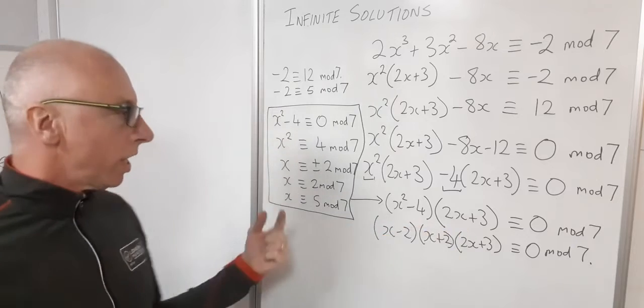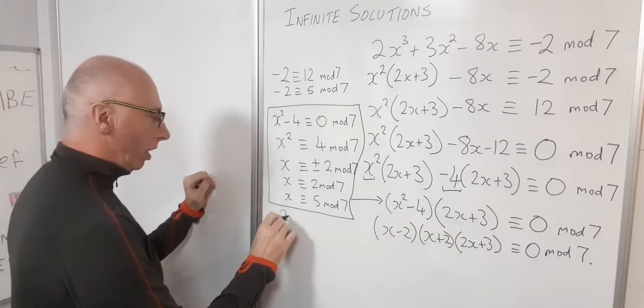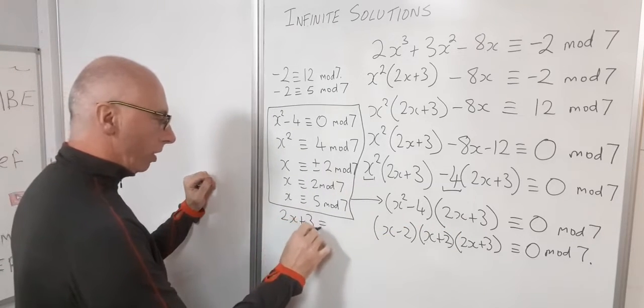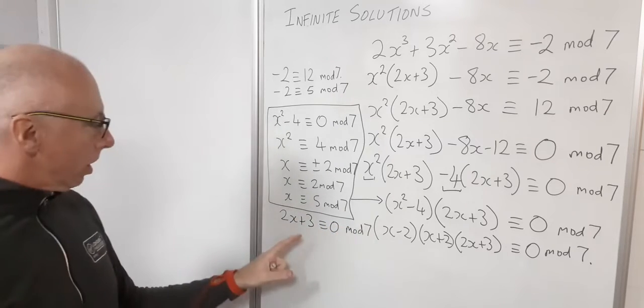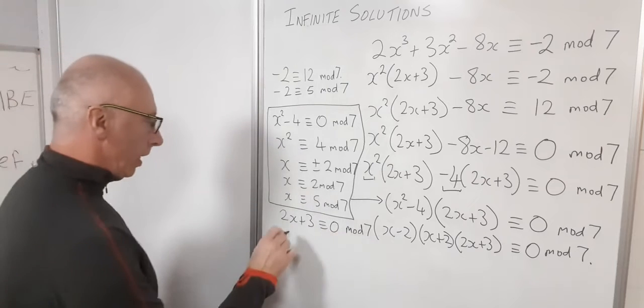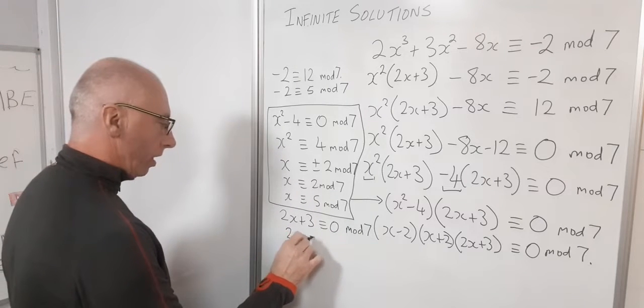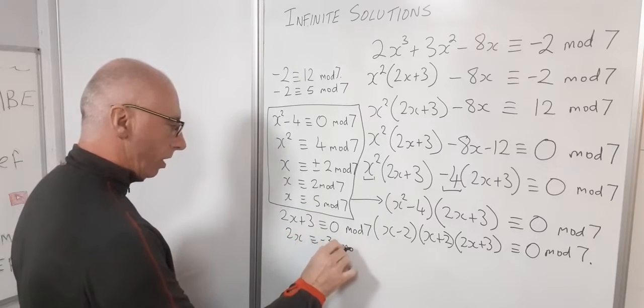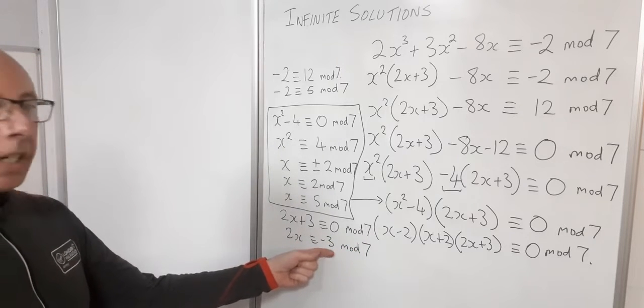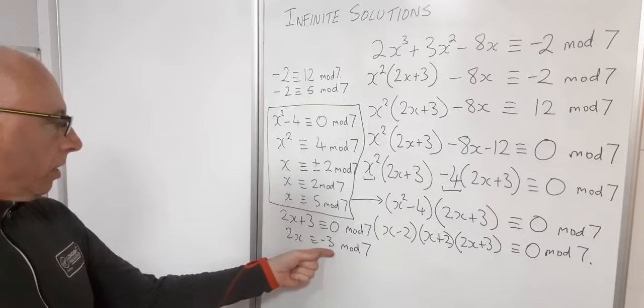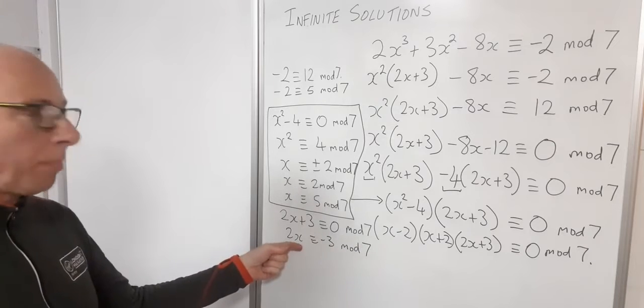Now 2x plus 3, that's a little bit more straightforward. So 2x plus 3 is congruent with 0 mod 7. Bring my 3 onto this side. 2x is congruent with minus 3 mod 7. Now I need to add something on here so as I can divide by 2.